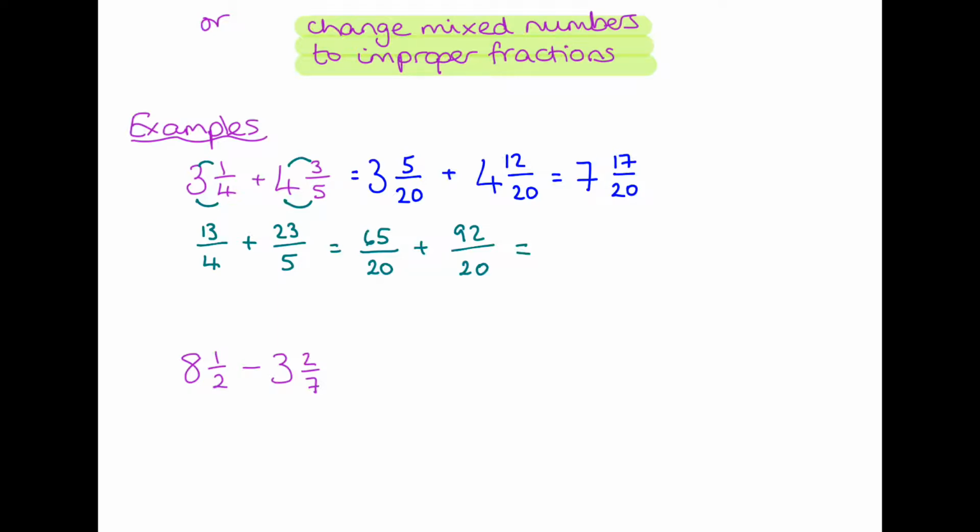So that is 157 over 20. Okay, and if we change that into a mixed number, if we go to 20 times table, then 7 20s are 140, which leaves you with 17 20ths.